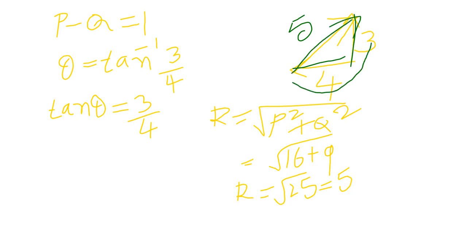The angle between these vectors is 90 degrees.